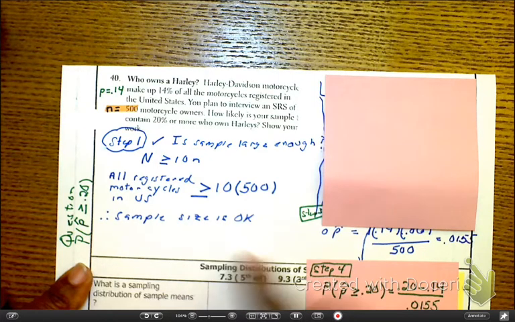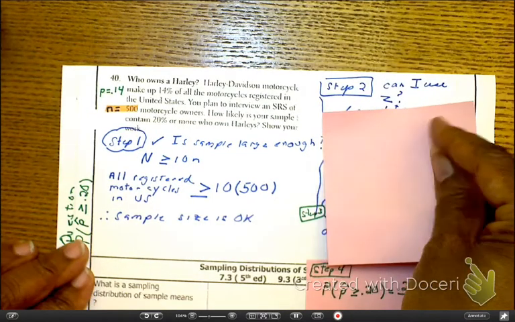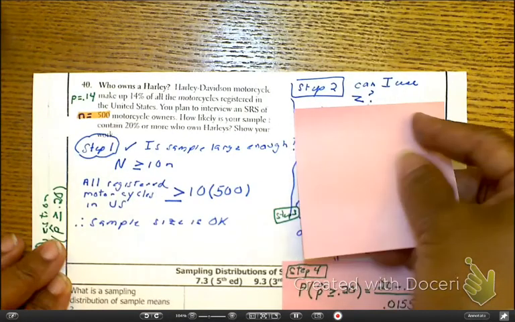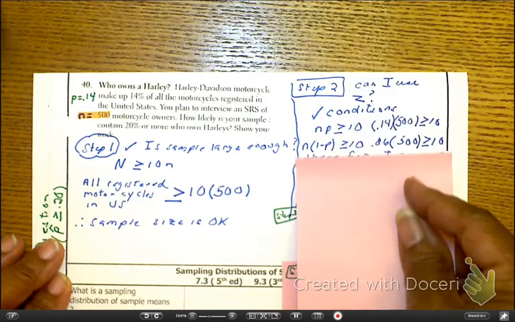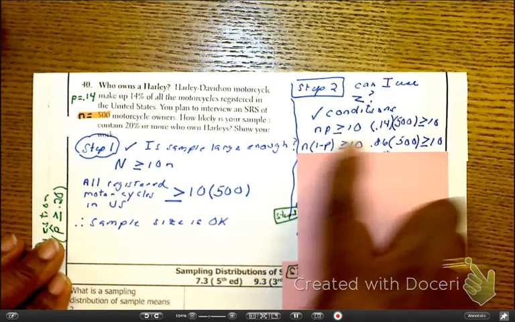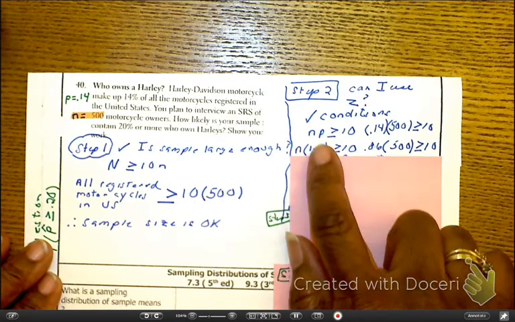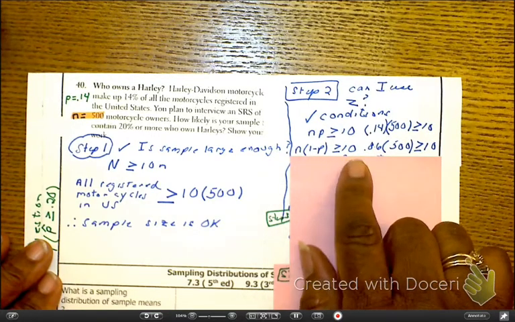Next, step 2 is, can I use Z? And if I can use Z, then how can I prove it? Well, I have to check my conditions. The condition where I have n times p is greater than or equal to 10, and n times 1 minus p is greater than or equal to 10.